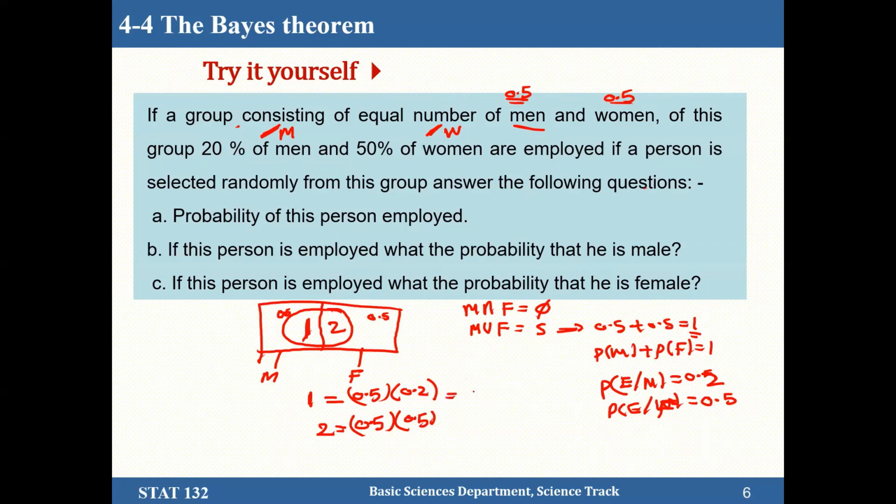So this is 0.1 and this is 0.25. Let's see the questions. Probability of this person employee equal 1 plus 2. This is the circle employee, so this circle consists of 2 parts, 1 plus 2. So equal 0.1 plus 0.25 equal 0.35.